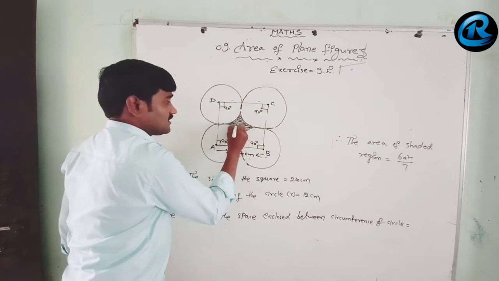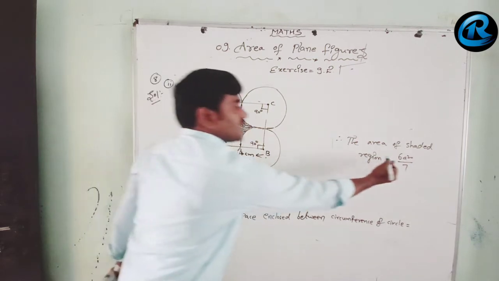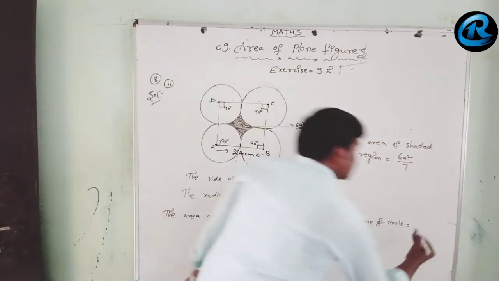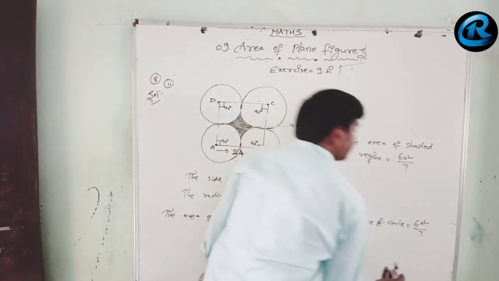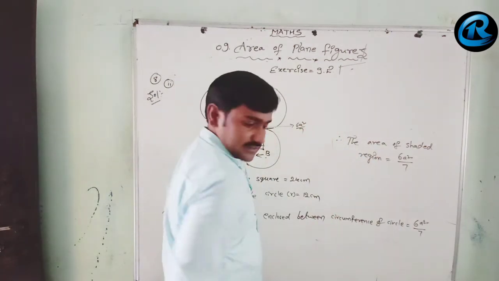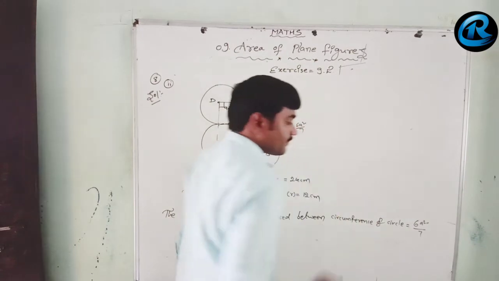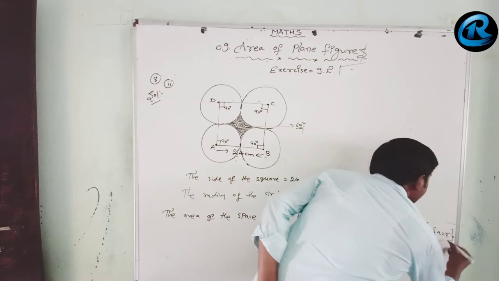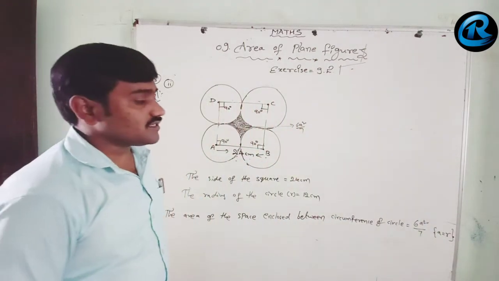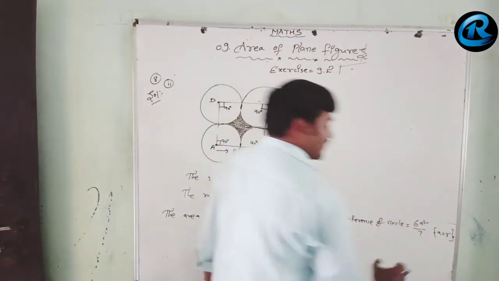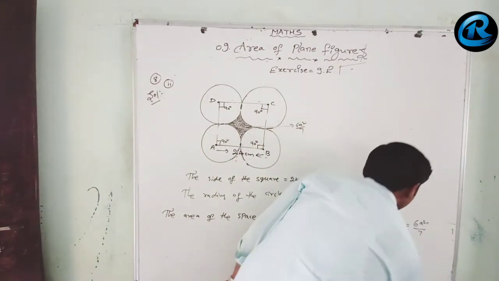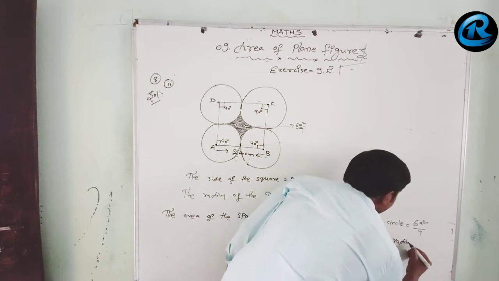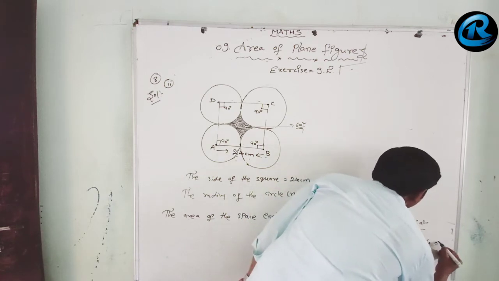This is nothing but 6a²/7. So this area will be 6a²/7. Here a is nothing but the radius of the circle, that is, a is equal to r.